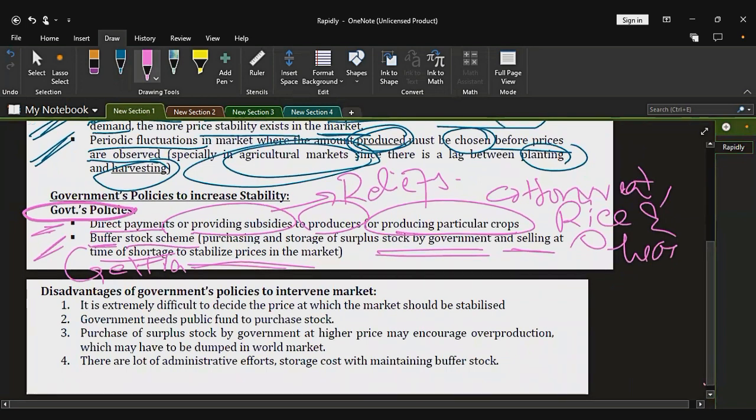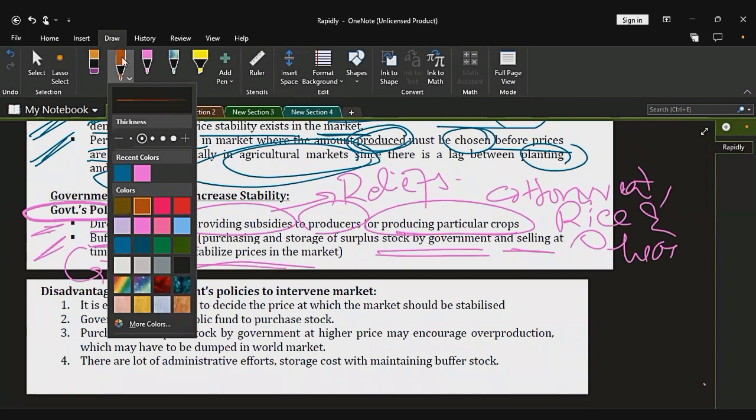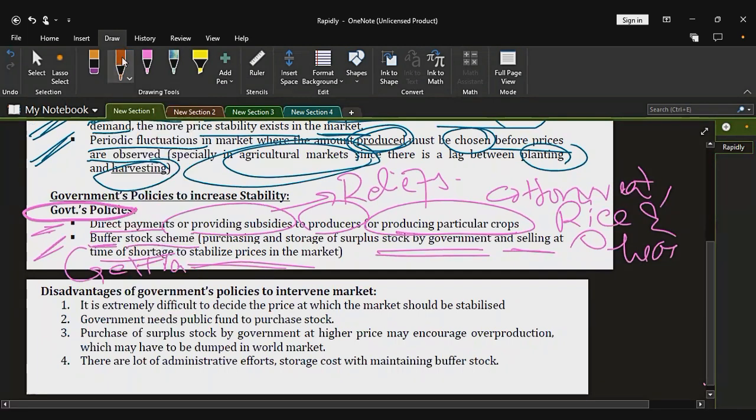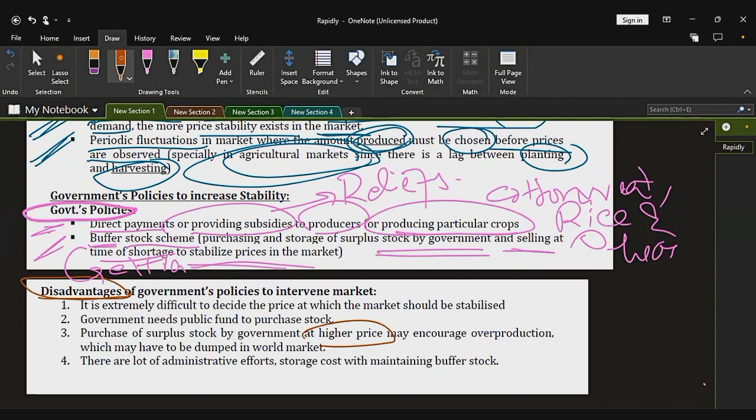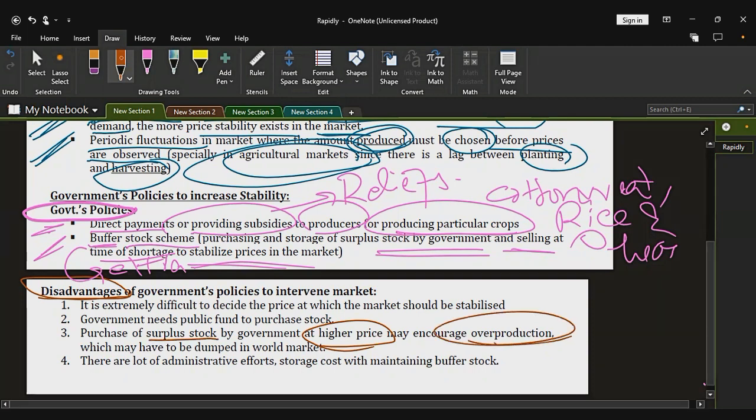But on the other hand, each scheme has its own disadvantages. For example, if government buys a product at higher prices in order to facilitate the suppliers at the time of surplus in the market, this will encourage overproduction, which may lead to dumping in the world market.